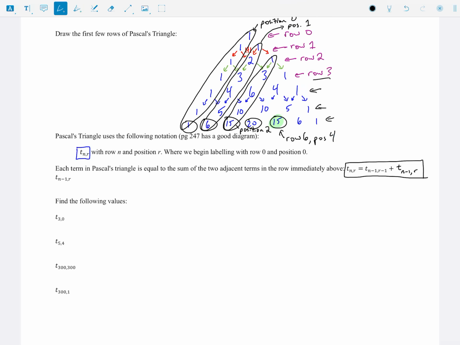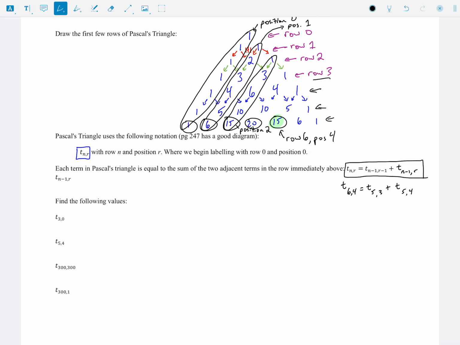So position 4. So T of row 6, comma 4 is equal to T of N minus 1. So that'd be row 5 in position 4 minus 1, which is 3, plus T of N minus 1. So again, that's 5, and R, which is 4.